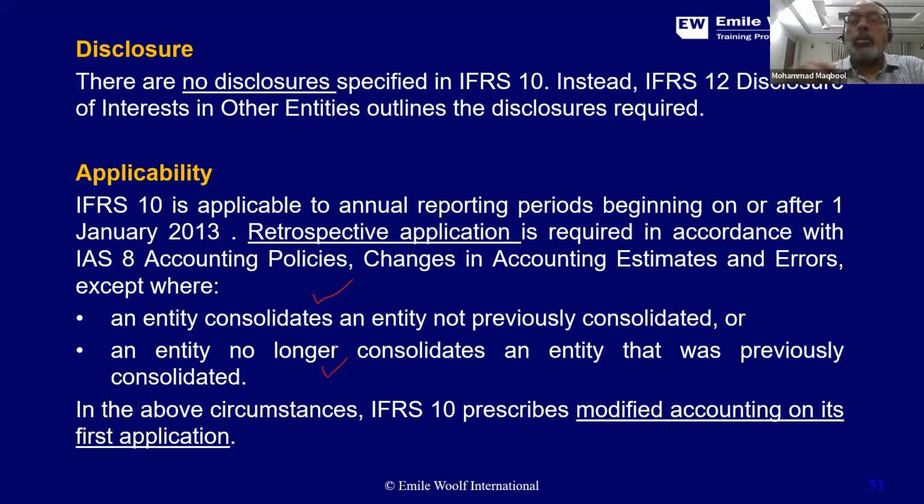So this adjustment was required to be made in the first accounts, as an effect of the error, a prior period adjustment. Okay, so this is IFRS 10. We can just look at whether someone has any question before we move to the next IFRS, because we have sufficient time.